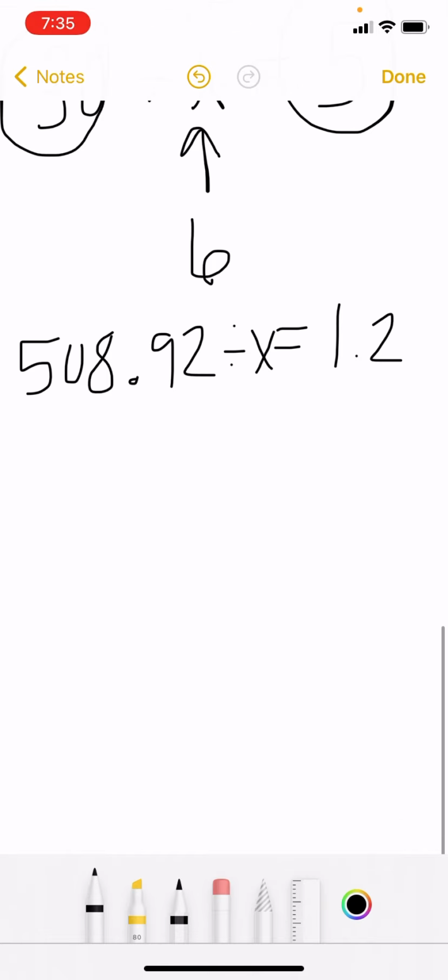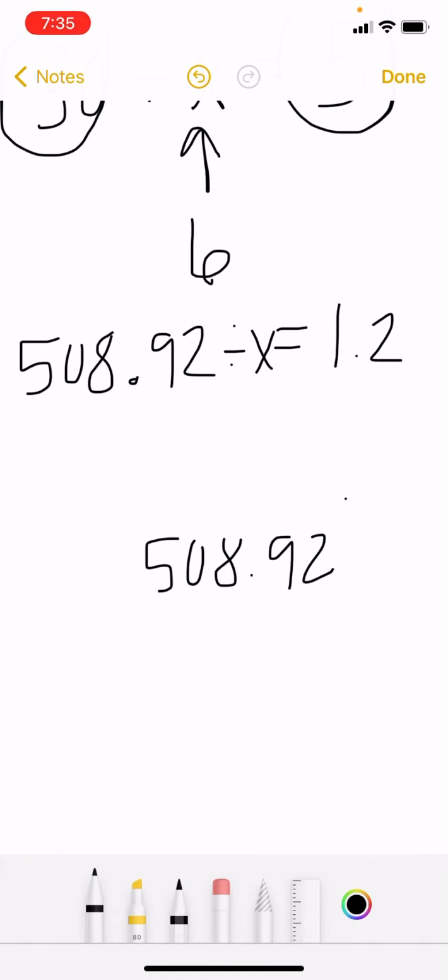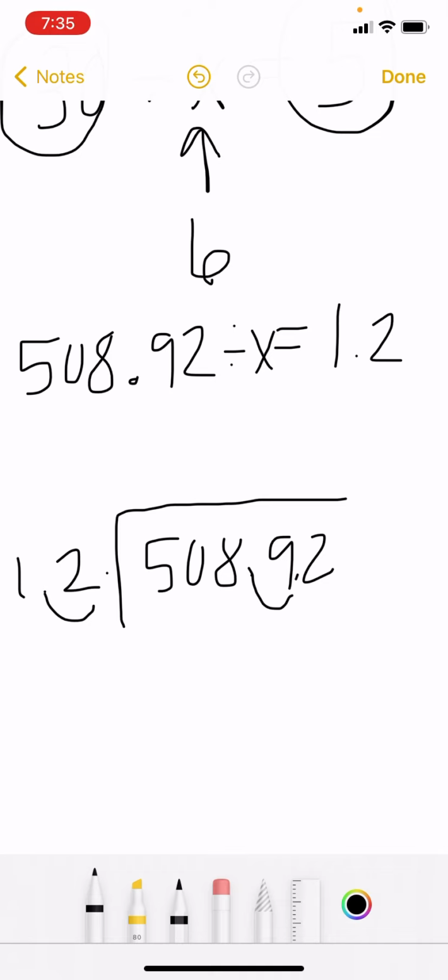So we'll take our dividend, 508.92, and divide by 1.2. Remember, we want that 1.2 to be a whole number. Since we slid that decimal over one spot, we're also sliding our dividend's decimal over one spot before we raise it up to the roof.